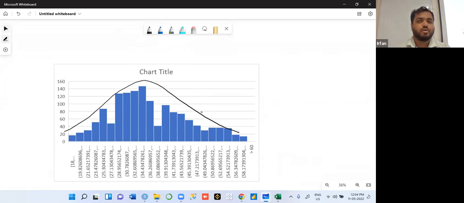Normal, no? So data looks like normal. So we are happy. Now, if I want to know how much % data is normal, how can I find? By using empirical rule.